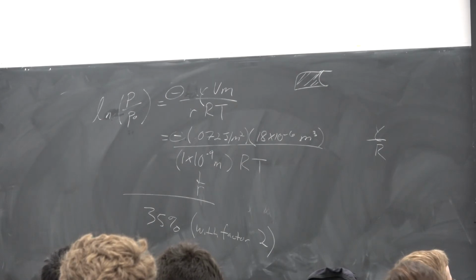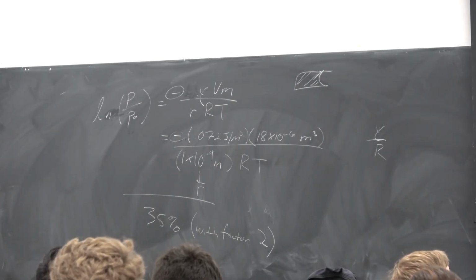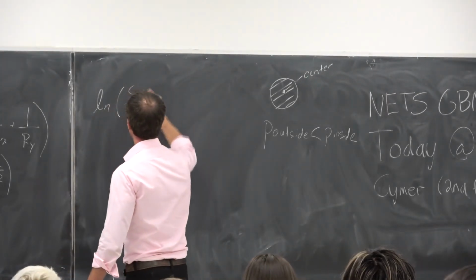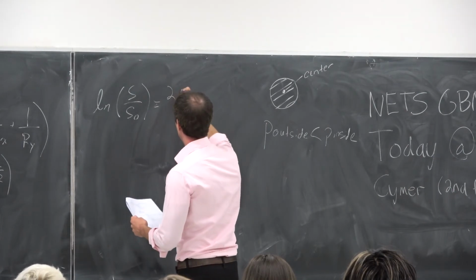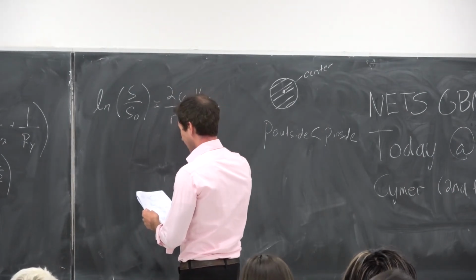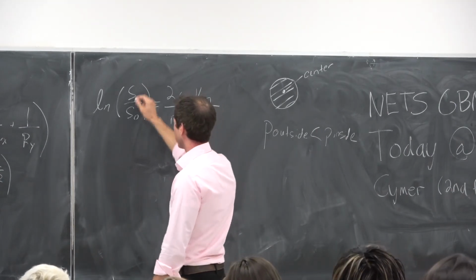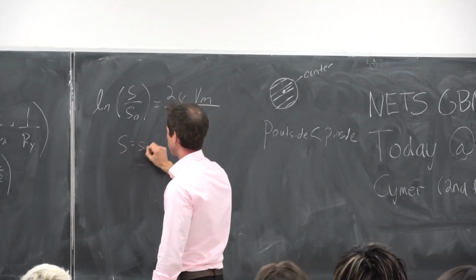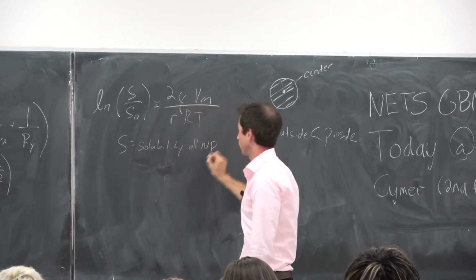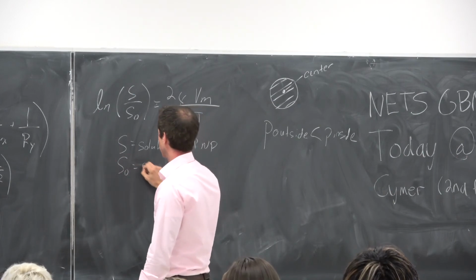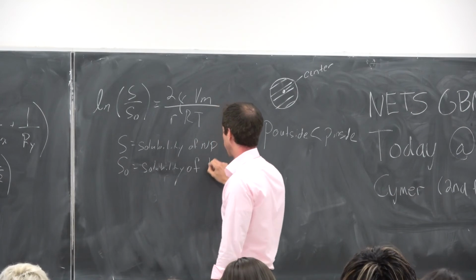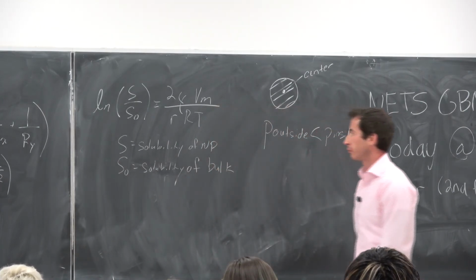You can also write this expression for a solid system, which is kind of more appropriate for a lot of nanoparticles, where S is the solubility of your nanoparticle, and S bulk is the solubility of your bulk.